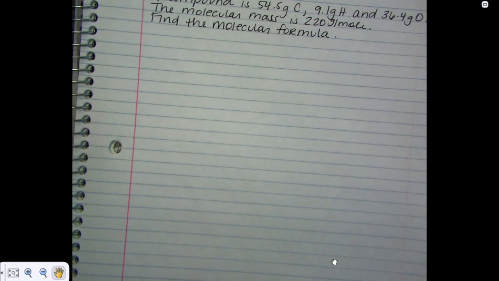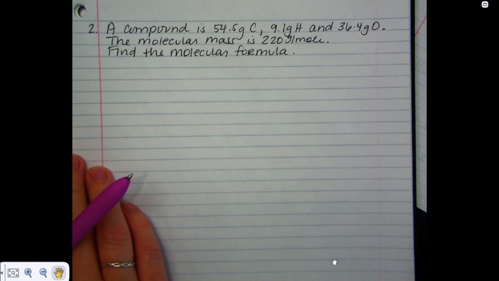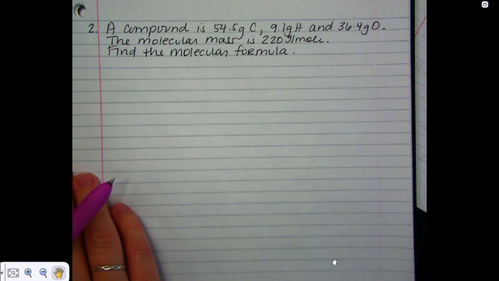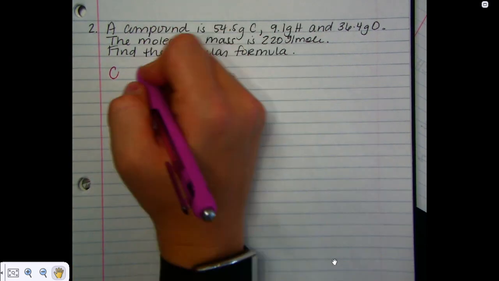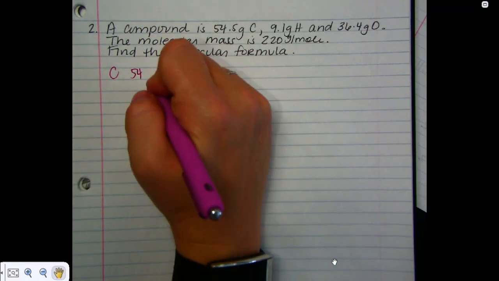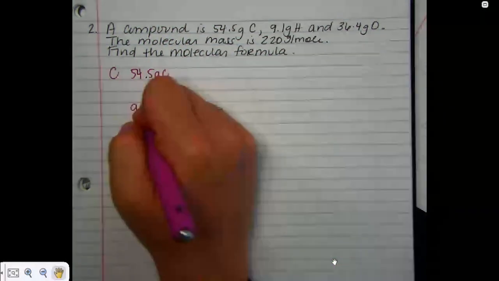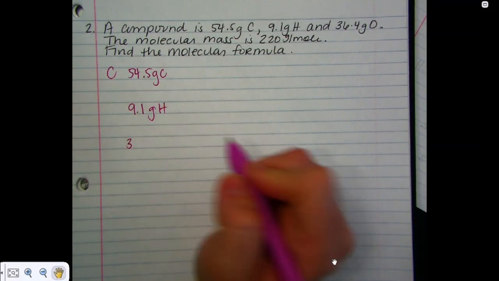All right, so a compound is 54.5 grams of carbon, 9.1 grams of hydrogen, and 36.4 grams of oxygen. The molecular mass is 220 grams per mole. Find the molecular formula. So first thing again, we've got to find the empirical formula. So 54.5 grams of carbon, 9.1 grams of hydrogen, and 36.4 grams of oxygen.